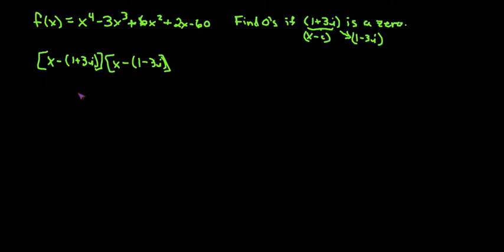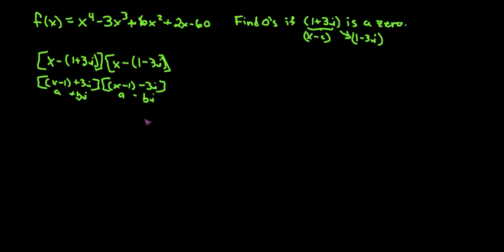So I'm just going to reposition my parentheses, and you'll see why in a second, and do the same thing for my second bracket. All of a sudden, my x minus 1 becomes my a, and then I've got plus bi, and here I have minus bi. The b is 3 in both of them, so I've got a multiplication of conjugates.